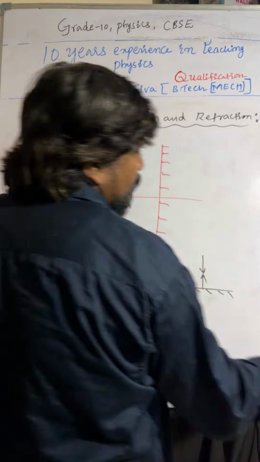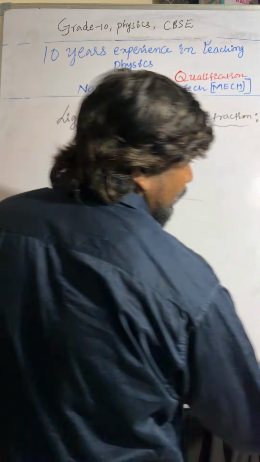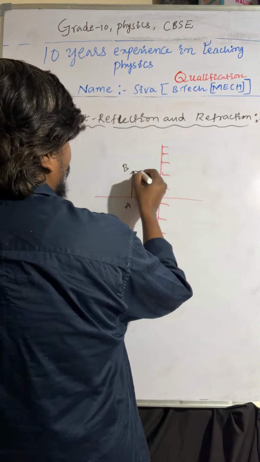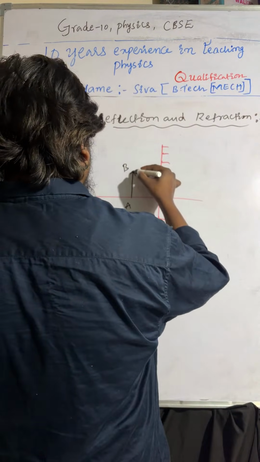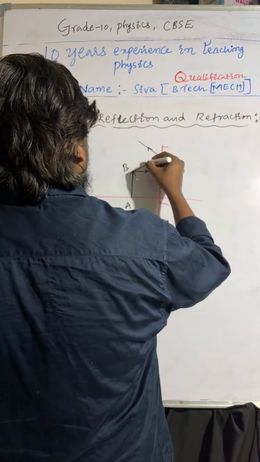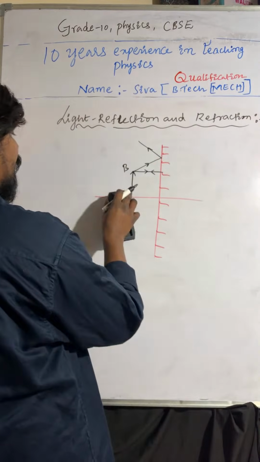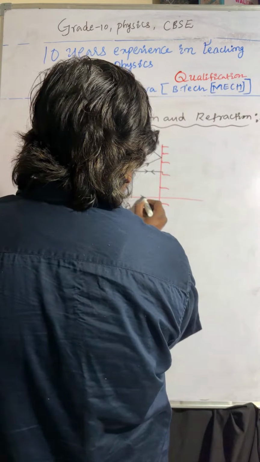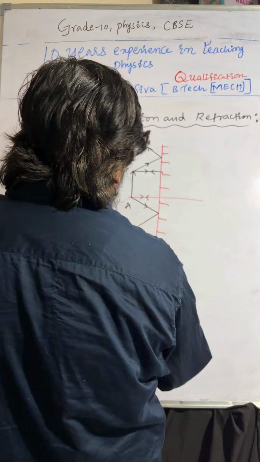So that's why here also, when the light ray is passing along here like this, it moves in the same direction. And here also. When the light ray is incident along this one, it will be reflected back. Here also we can take.